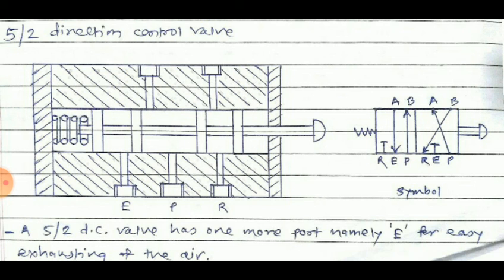The spool of this type of valve has 4 pistons and 2 consumer ports A and B. In normal position, the pressure port P is connected to consumer port A. When it is actuated, port P gets connected to B, whereas A gets connected to exhaust port E.